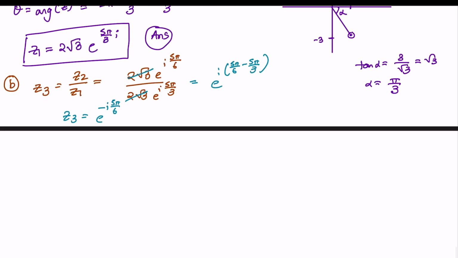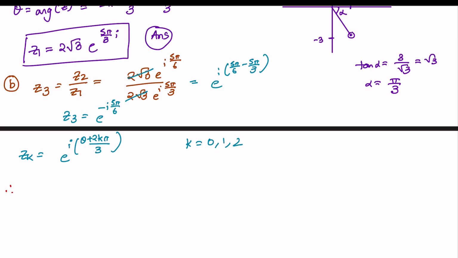Now, when we find the cube roots of z3, the modulus is 1, so the cube root of 1 is 1. But the other part will go like this: theta plus 2k pi, divided by 3, where k would be 0, 1, 2, since we need cube roots.